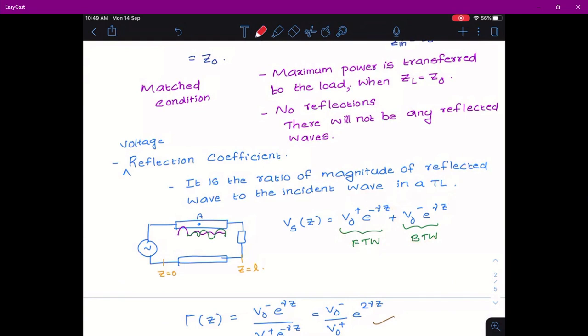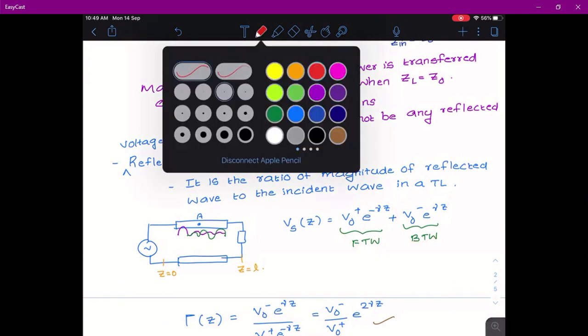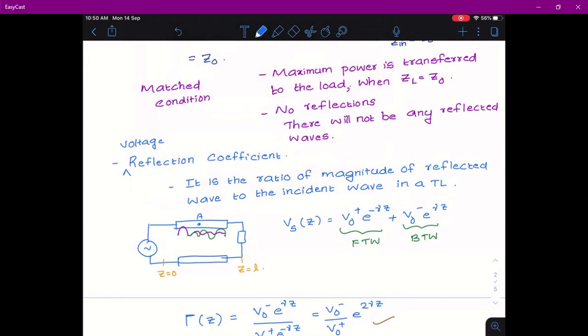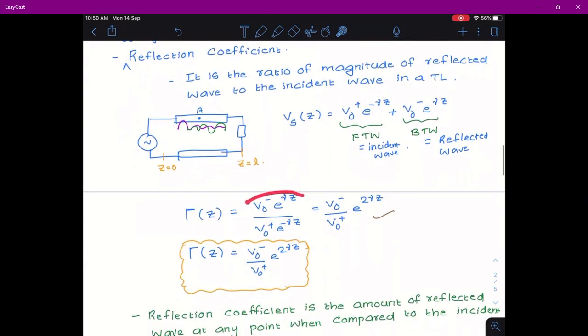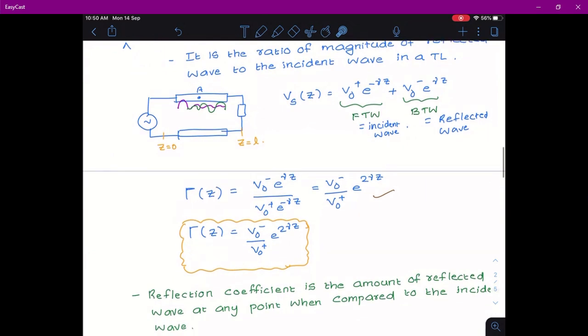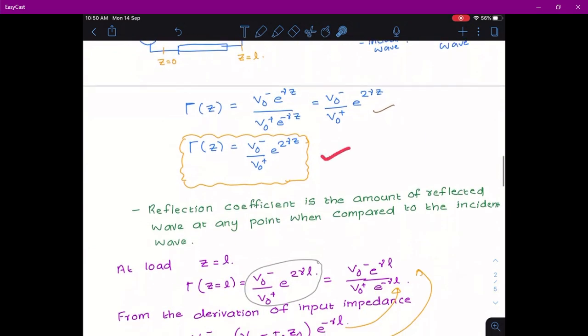So, the backward travelling wave is actually the reflected wave, and the forward travelling wave is actually the incident wave. Okay, fine. So, we can take the ratio to find the reflection coefficient, and we saw the expression for the reflection coefficient.